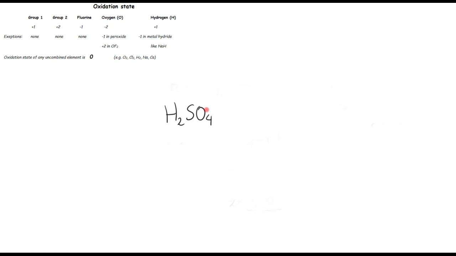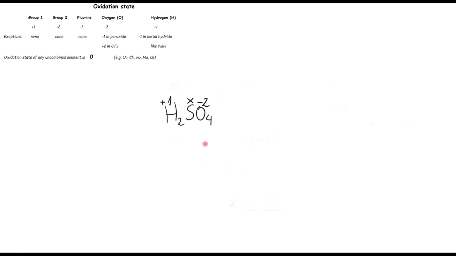Let's move forward. Now we calculate the oxidation states of individual atoms in sulfuric acid. From the table we have oxygen as -2, hydrogen as +1, and sulfur unknown.